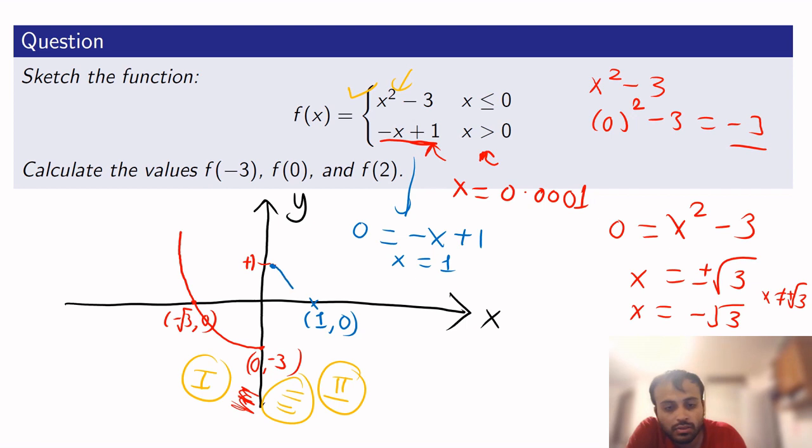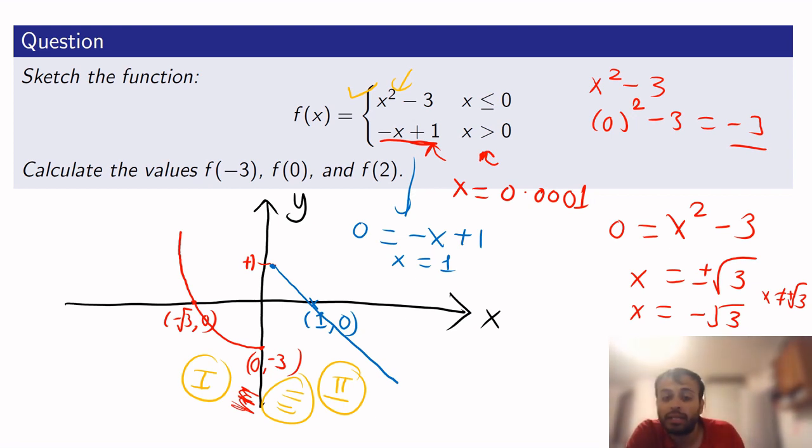Now we can just join these two points. Also, why is it a straight line? Because it's x raised to the power 1. So this is the same line. I'm sorry, it's not looking good. Let me redraw it. Yep, so this is how the function looks.